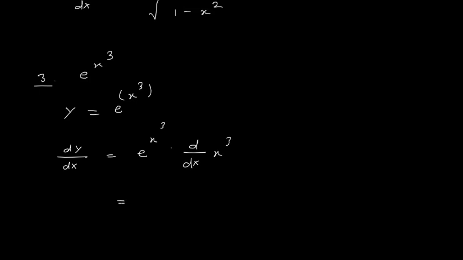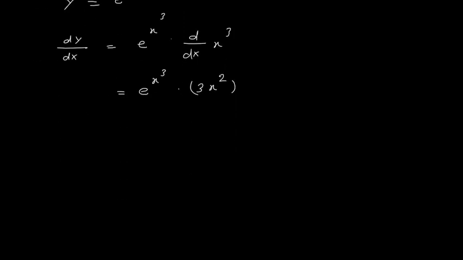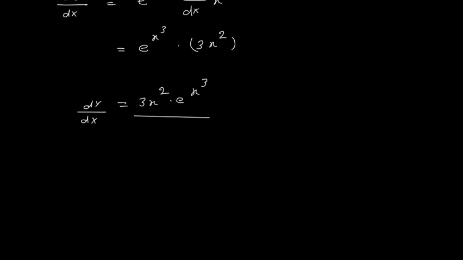So this will become e power x cube into derivative of x cube, which is 3x square. So this is equals to 3x square into e power x cube. This is your dy upon dx. This is third question.